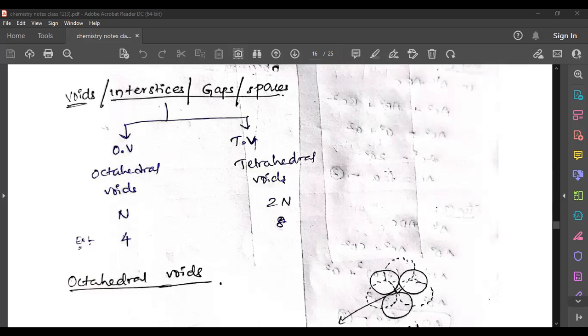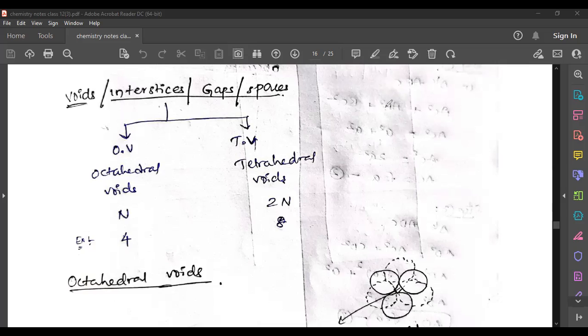Or what is the meaning of gap? Are they the spaces or the interstices? So whatever empty space is there between the atoms in the given solid is called a void, right?